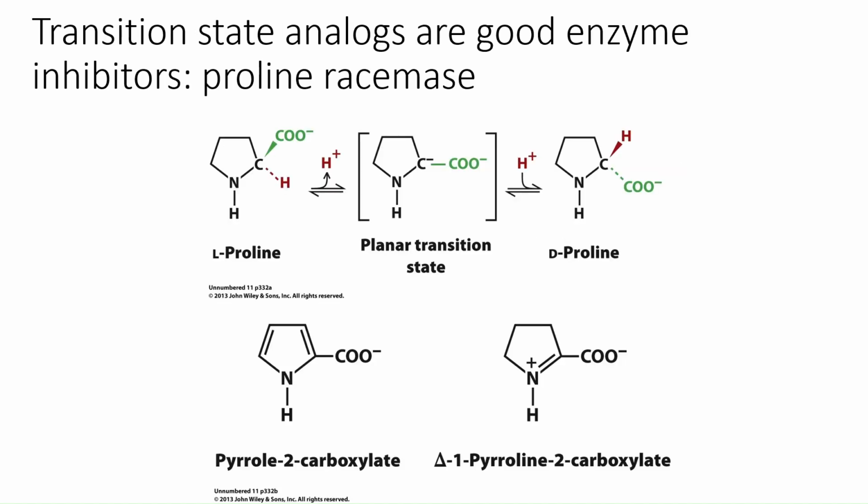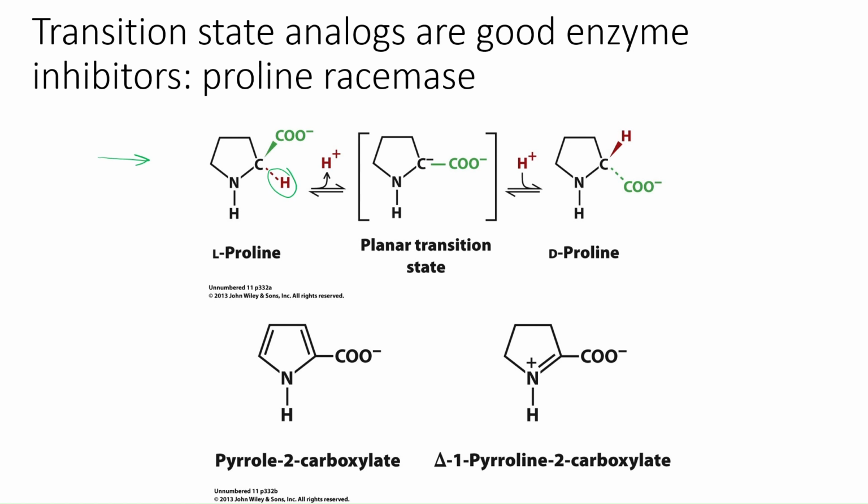So let's look at what happens with the transition state and think about some inhibition properties of enzymes. So let's start with this example. We have L-proline as our reactant that's getting made into D-proline, which is the product. And the enzyme that does this removes the one hydrogen from this chiral carbon in the center.